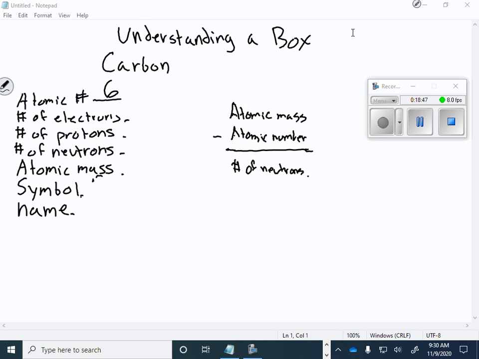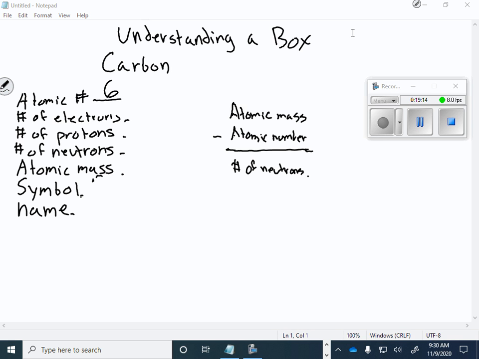All right, now, what things does the atomic number tell us? It tells us 2 pieces of information. Jackson, do you know one of the pieces of information it tells us? So it's one of these things. Good.